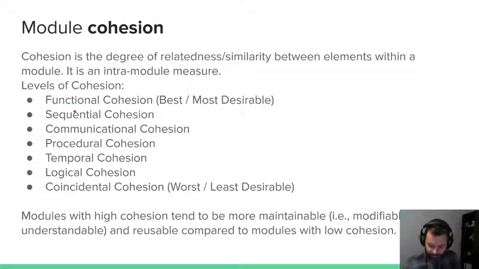So why do we care about this? High cohesion means better maintainability, better chances for reuse. Again, if you have something that is more singularly focused, it's very easy to modify. And with that, you're not going to be having to modify other classes.